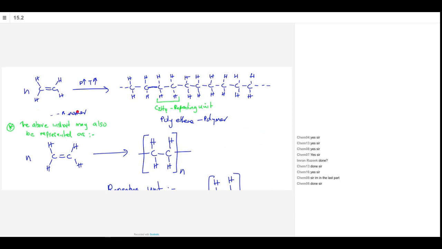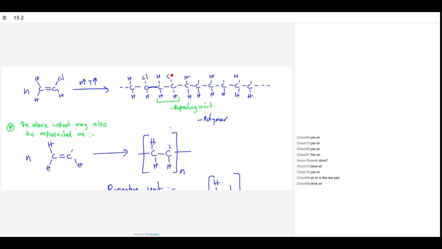So you have the monomer vinyl chloride, right? Vinyl chloride means there's a chlorine over here, and the polymer is therefore polyvinyl chloride. This is chlorine.